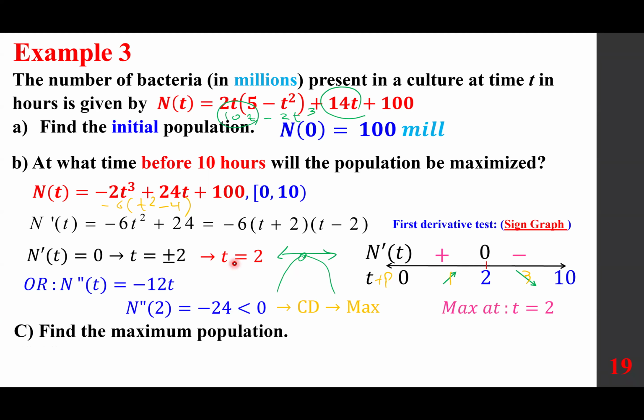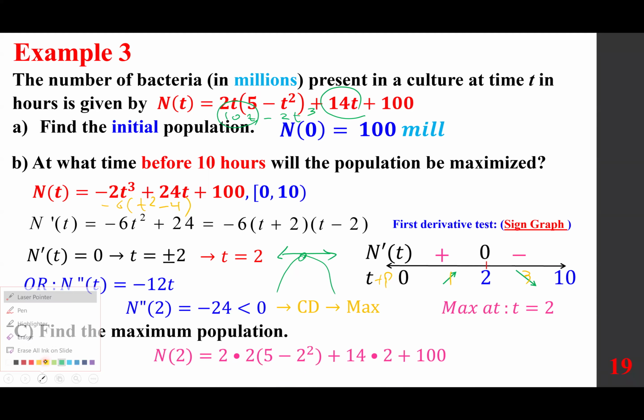What is the maximum? Put the 2 into either this one or this one. It's easier to evaluate it with this one. It makes no difference which one you put in, but do the one that gives you a faster number. This is 4. 5 minus that is 1. So this whole thing is 4. This is 28, 32, and 100. 132 million.